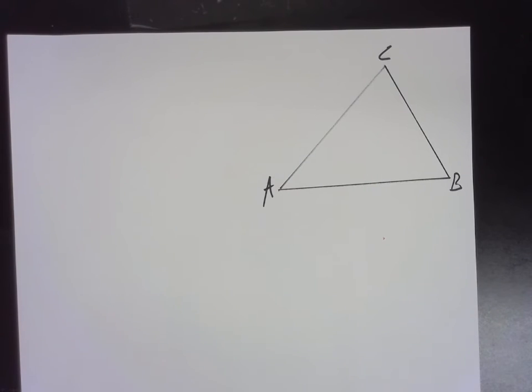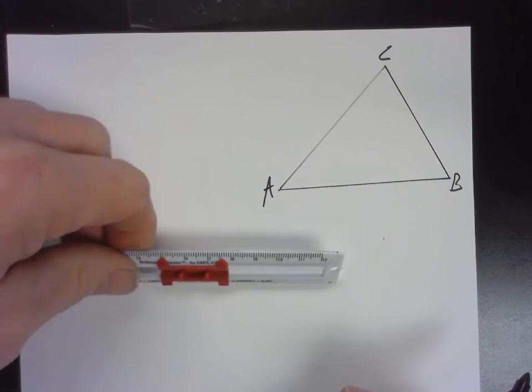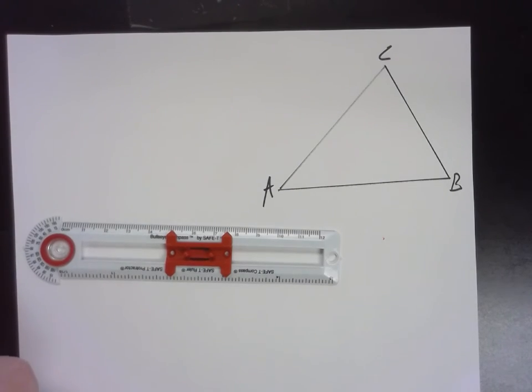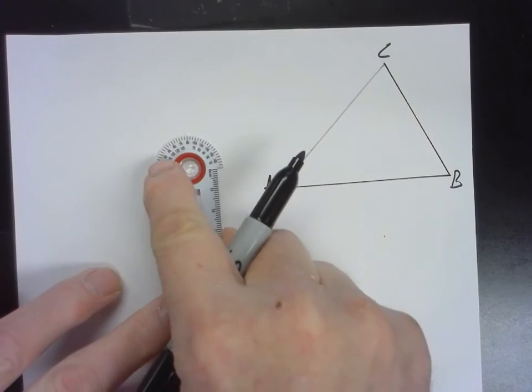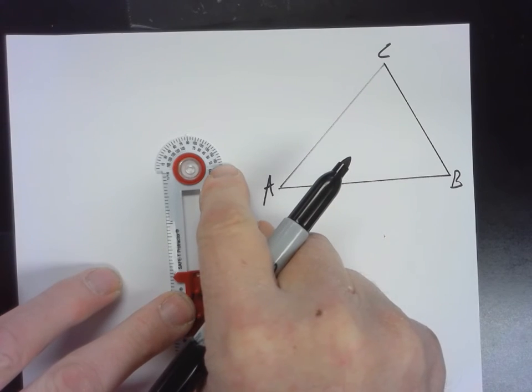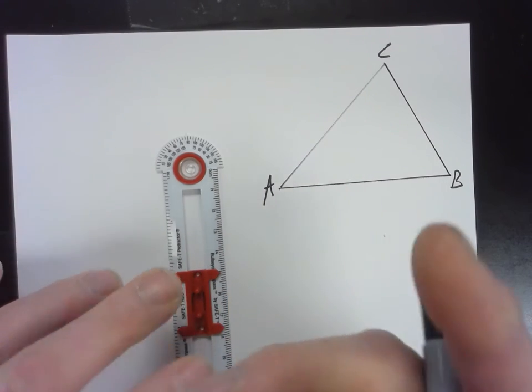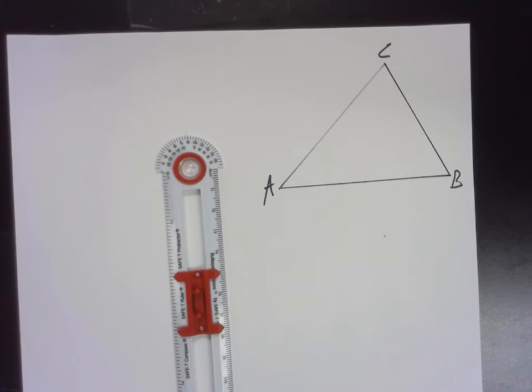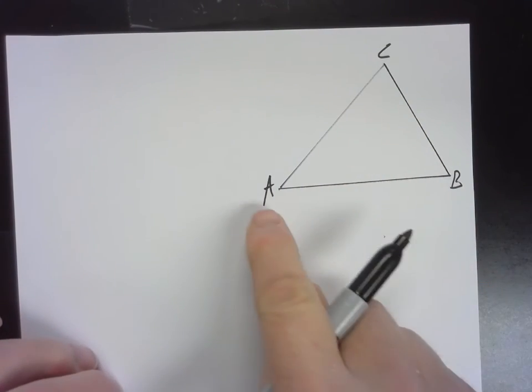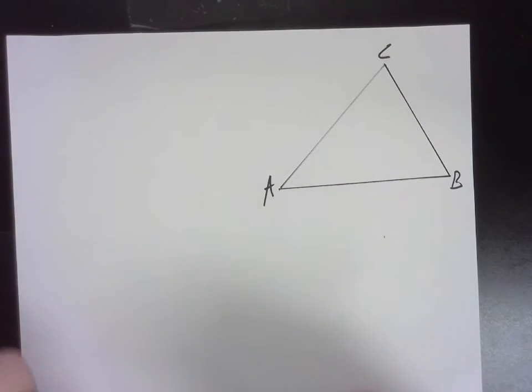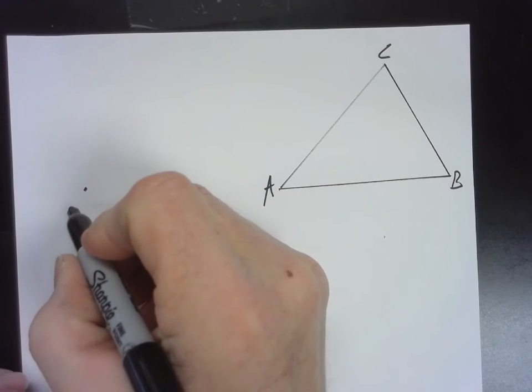Okay? So I'm going to copy it, and this isn't exactly construction because I am going to use the protractor. Construction means a straight edge and a compass, and we're not going to quite do that, but we are going to get close. So I want to copy AB. I want to make a segment that's the same length.